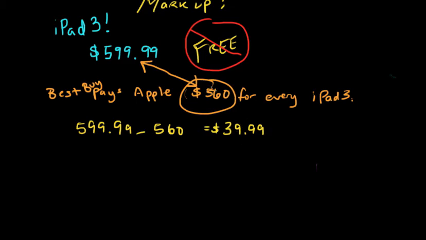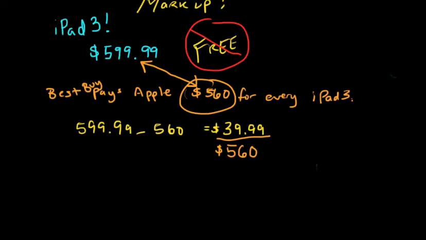They started at $560 and then they marked the price up to $599.99. So they increased the price. The original is actually $560 because Best Buy got it for $560, and then they're going to increase the price by $39.99 to make it $599.99.